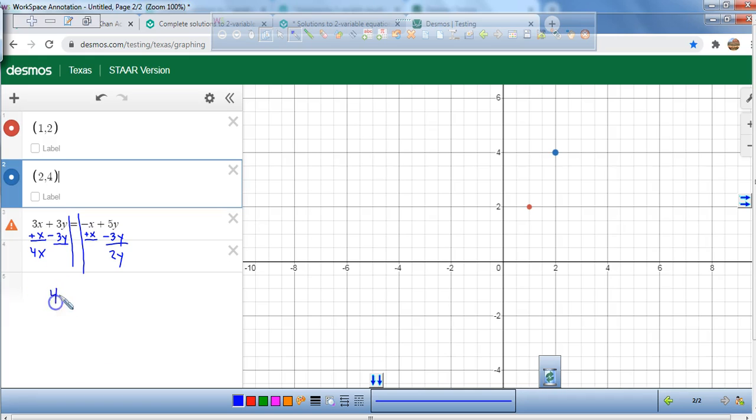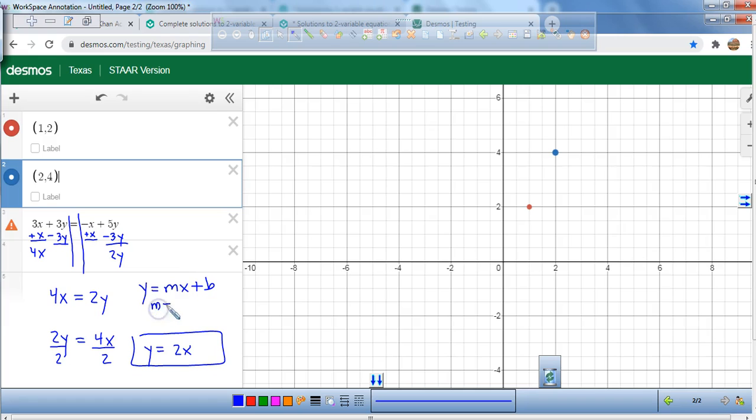So if I have 4x equals 2y, that's the same as 2y equals 4x. To solve for y, I divide both sides by 2, and y equals 2x.